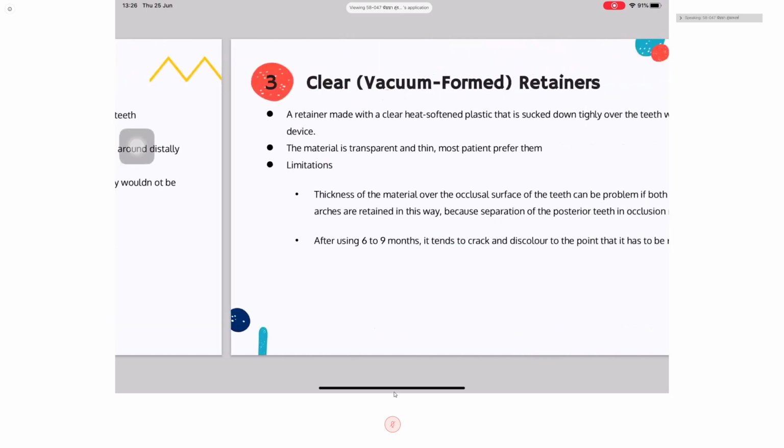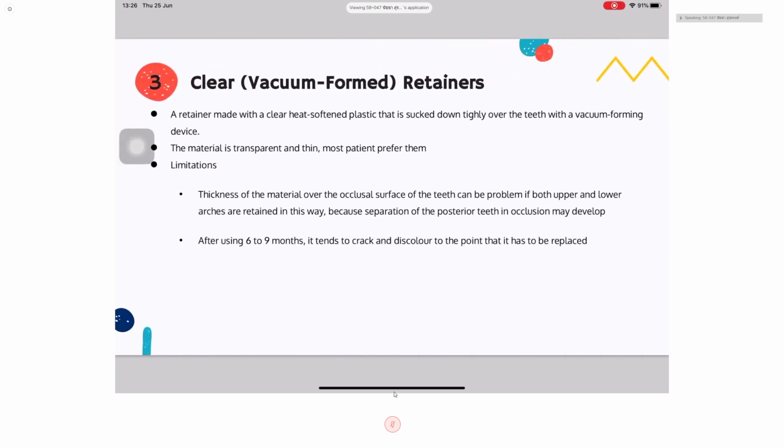Another one is the clear retainer or vacuum-formed retainer. It is made with a clear heat-softened plastic that is sucked down tightly over the teeth with a vacuum forming device. Most patients prefer them, but after using them 6 to 9 months they tend to crack and discolor to the point that they have to be replaced.